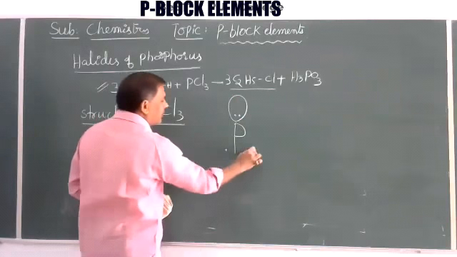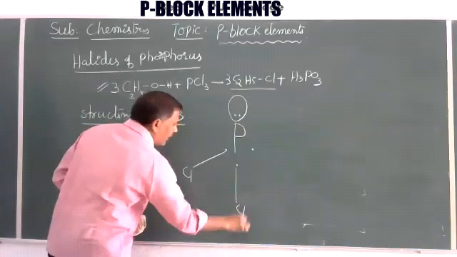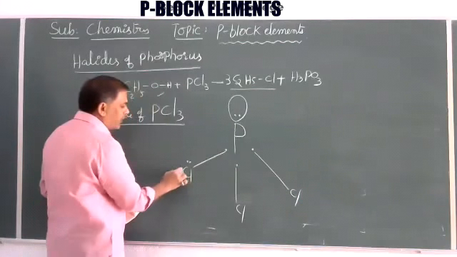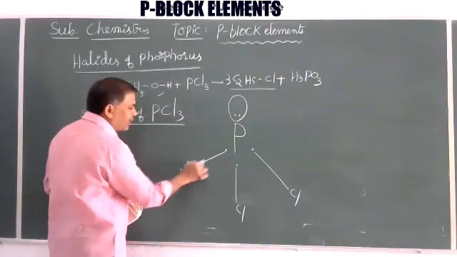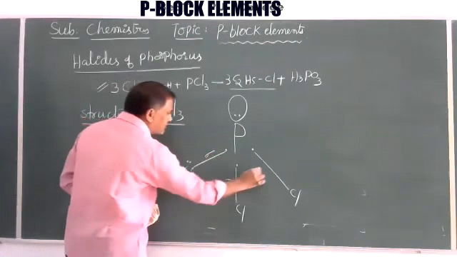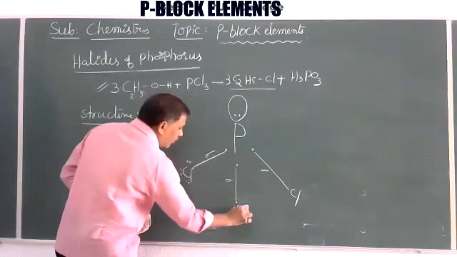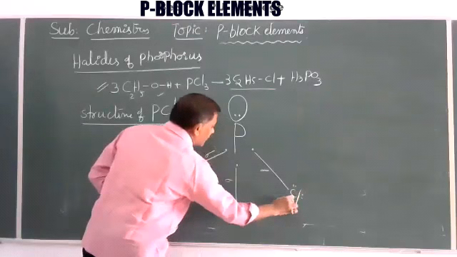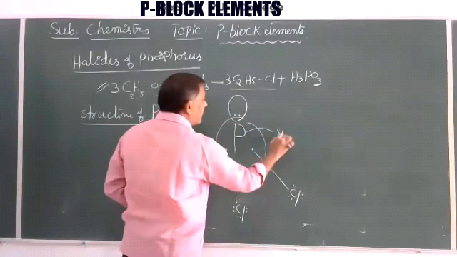Remaining 3 are unpaired. These react with 3 chlorine atoms. Now on each chlorine, 7 valence electrons are there. Out of 7, 1 is donated to phosphorus. It forms 3 sigma bonds.